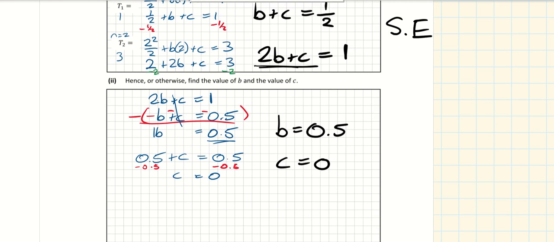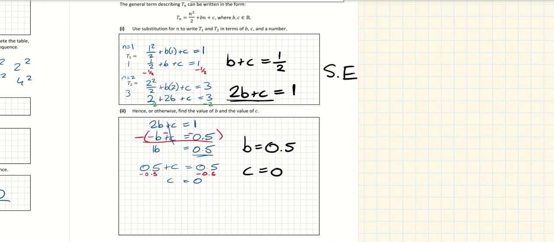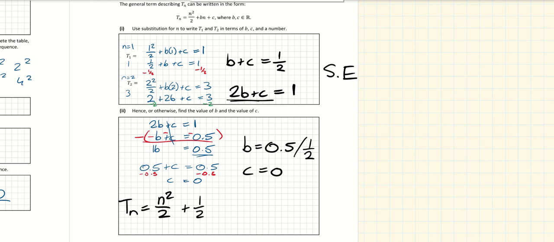Now it doesn't actually tell you to do this, but I will just do it. So our final formula is n squared over 2, that doesn't change. So Tn equals n squared over 2 plus bn, so 0.5 or a half. Okay, n squared over 2 plus a half n, or an easier way to write that would be n over 2. And c is equal to 0, so that's it.